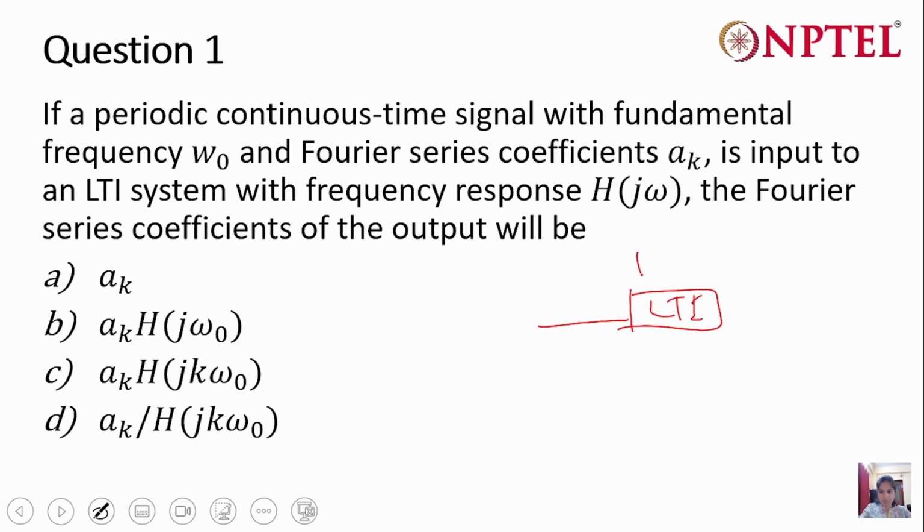The frequency response of the system is h of j omega. For the input we know the Fourier series coefficients and the fundamental frequency. Now we are asked to find what will be the Fourier series coefficient of the output.